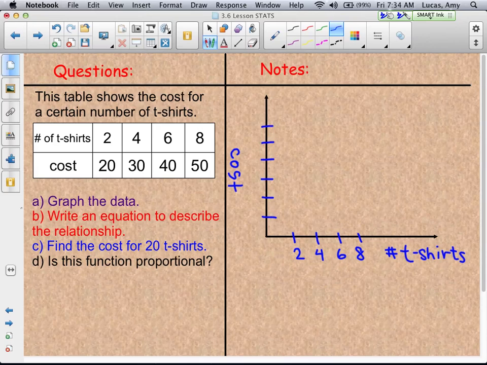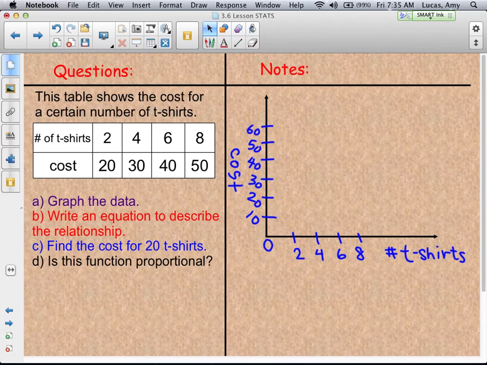Now, you may notice that on my x-axis it makes sense 0, 2, 4, 6, 8. But I'm a little concerned on the y-axis because if I go from 0 to 20, I wouldn't have 30 next. So I am actually going to have to start with 10 because it looks like we're going by tens.